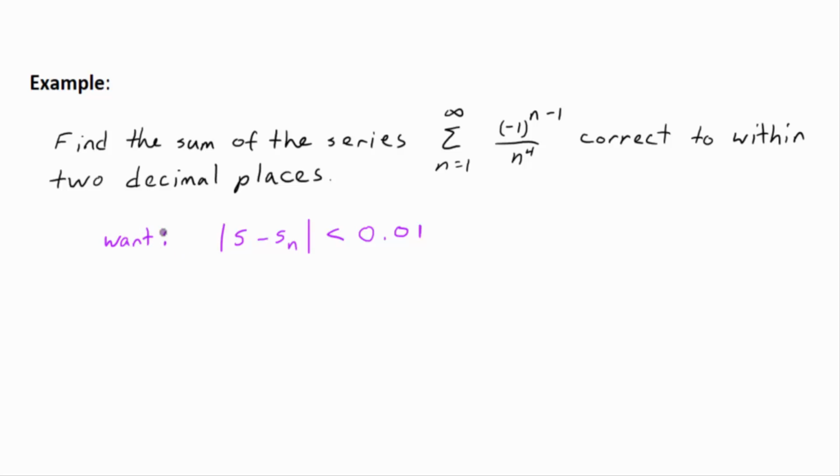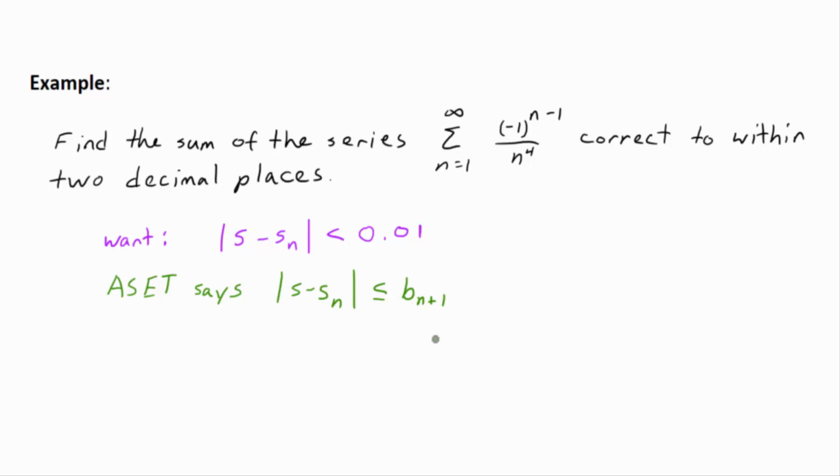And what the alternating series estimation theorem, ASET for short, says is that this error, S minus Sn, is less than or equal to bn plus 1.